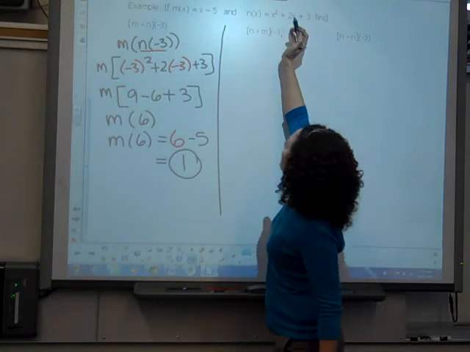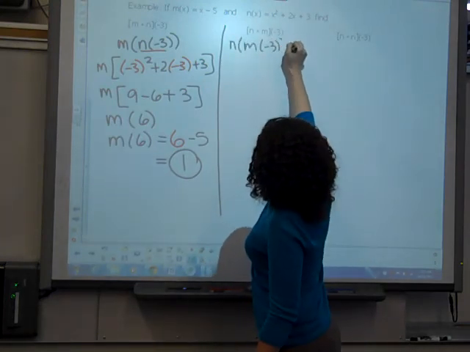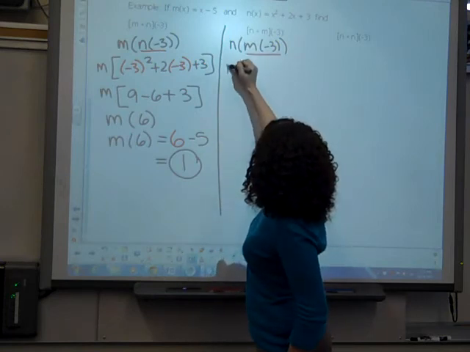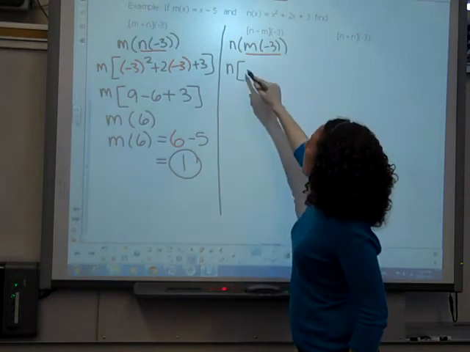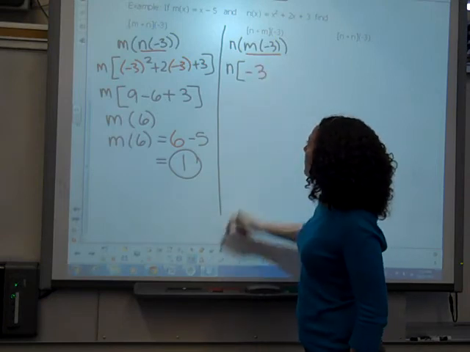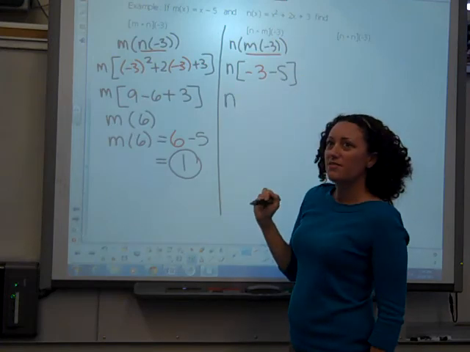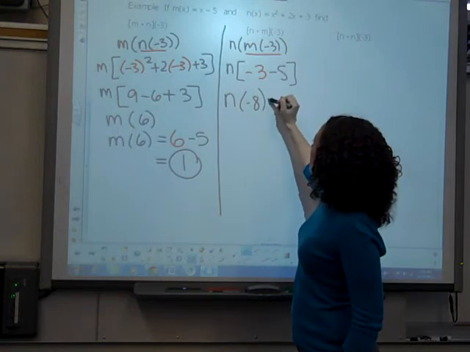Let's find out. So again, I'm doing n of m of -3. So n. Let's see, m, oh, that's a nice easy function, I like it. -3 minus 5, oh yeah, that's -8. Now I need to plug that in the n function.